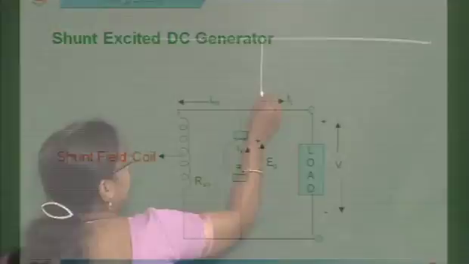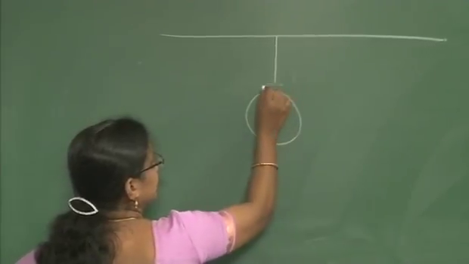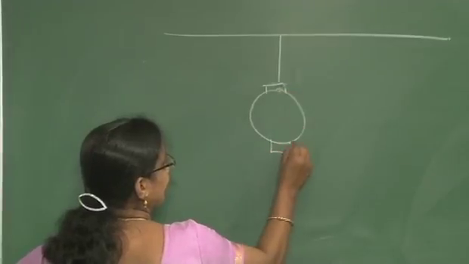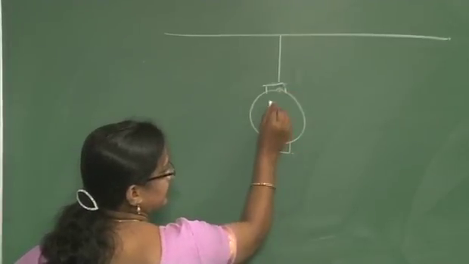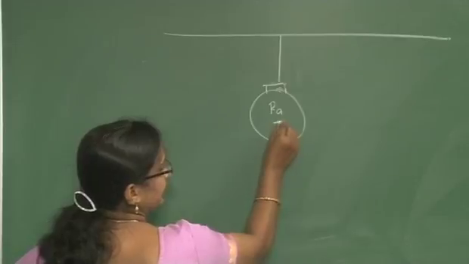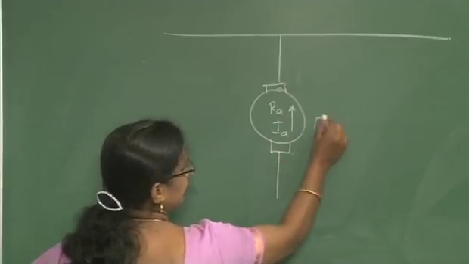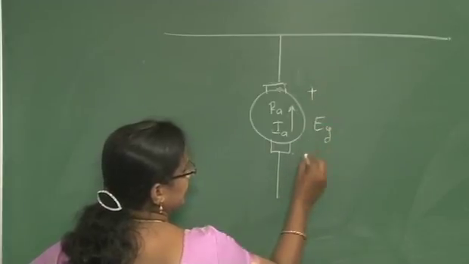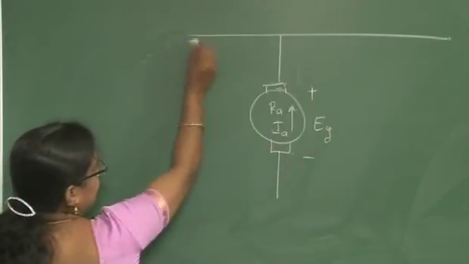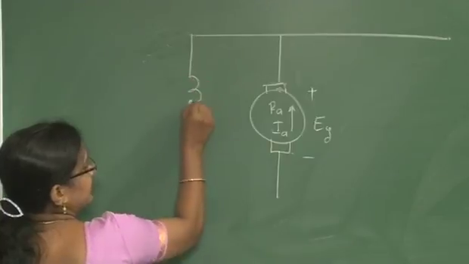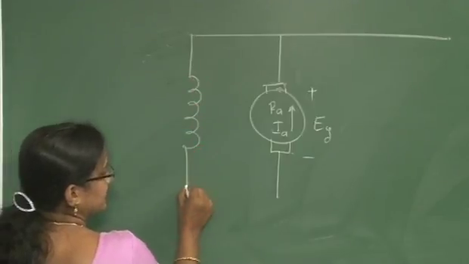Here you are connecting the armature, you are representing the armature resistance RA, current IA will be flowing in this direction, then the EMF induced is EG, and then the shunt field, it is a constant system in the DC machine.